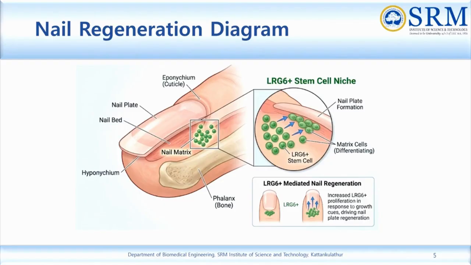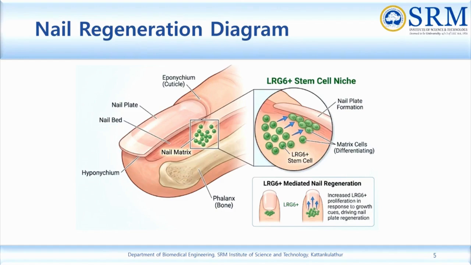LGR6+ stem cells are at the base of your nail, and as they differentiate, you have the proximal nail matrix, and further away the keratin producing onychocytes, which produce the nail on the top.